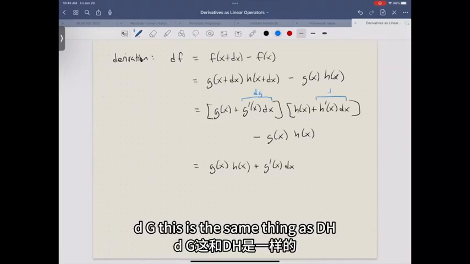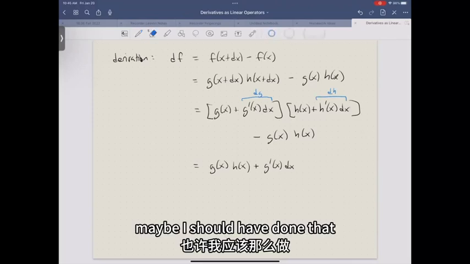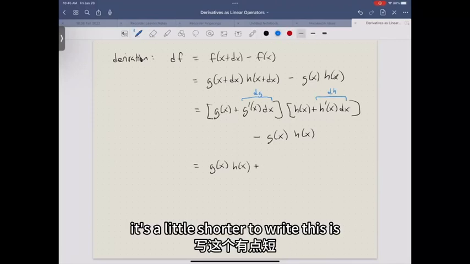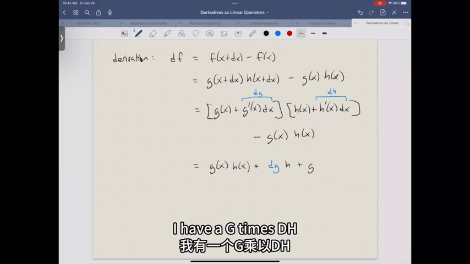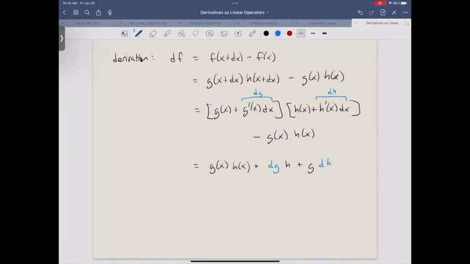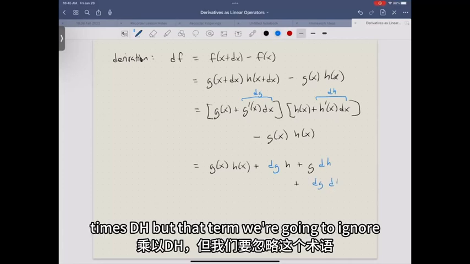This is the same thing as dh. Maybe I should have done that, it's a little shorter to write. This is dg times h plus I have g times dh, plus I have dg times dh, but that term we're going to ignore.